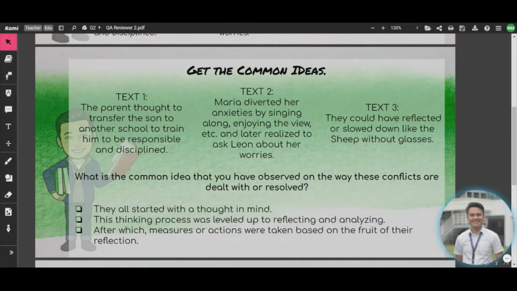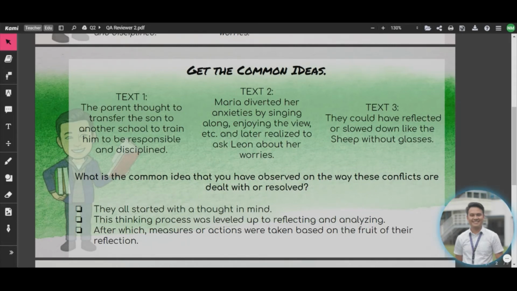Now, we ask, what is the common idea that we have observed in the ways these conflicts are dealt with or resolved? So we have 3 common ideas here. Number 1, all of the responses, or all of the resolutions made in these texts, all started with a thought in mind.